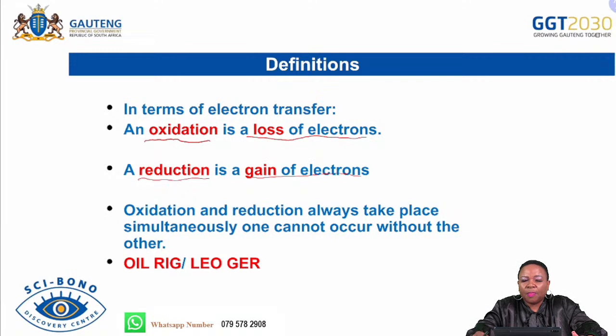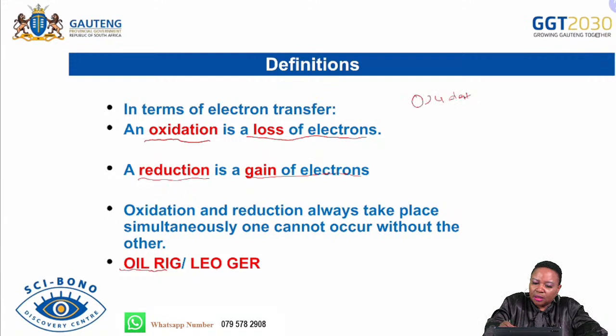And the examiner will ask you in which terms they want you to define. Now we can use things like OIL RIG, whereby we say oxidation is loss of electrons and reduction is gain of electrons.